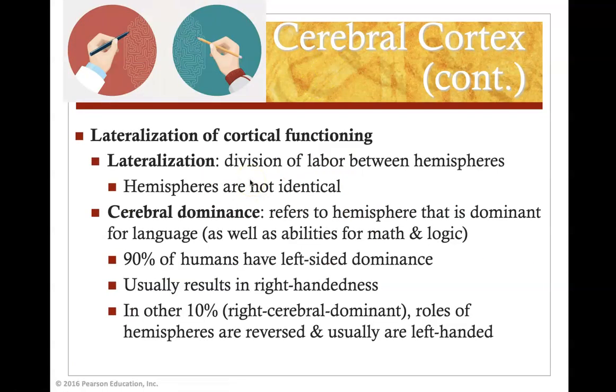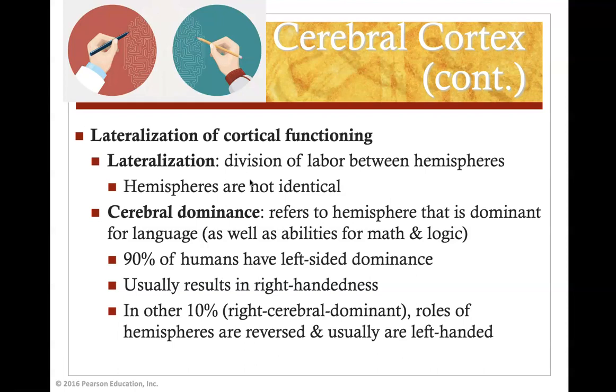So when we talk about the cerebral cortex, we do have something called lateralization of some of our cortical functions. And that's basically just a division of labor between the hemispheres, meaning that some of the hemispheres are more dominant in terms of controlling certain motor functions or certain behaviors.